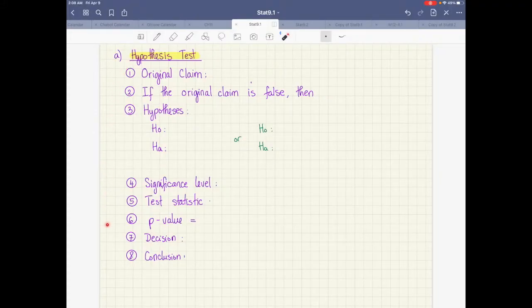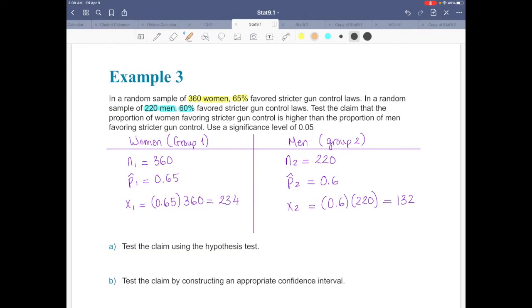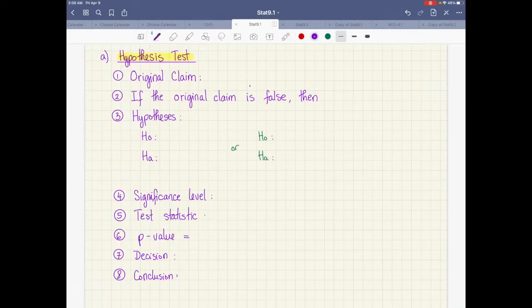These are the 8 steps that we need in order to do the hypothesis test. The first step is the original claim. Test the claim that the proportion of women favoring stricter gun control is higher than the proportion of men, which means I want to see if P1 is greater than P2.